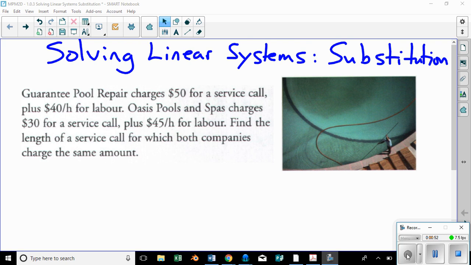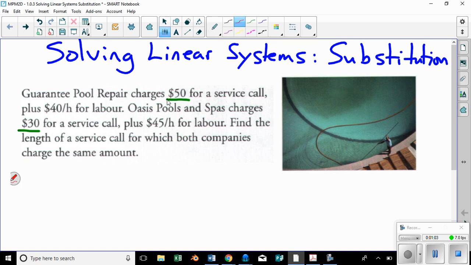And in both sentences, there is a constant value given here and here for the two different pool services. And there is a rate of change given here and here. And when you have rates of change and constant values, that is usually a sign that you have a y equals mx plus b scenario.